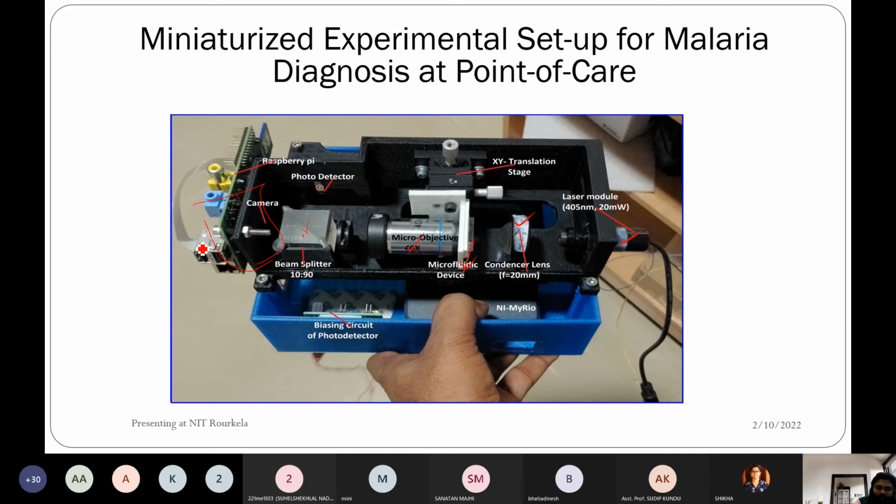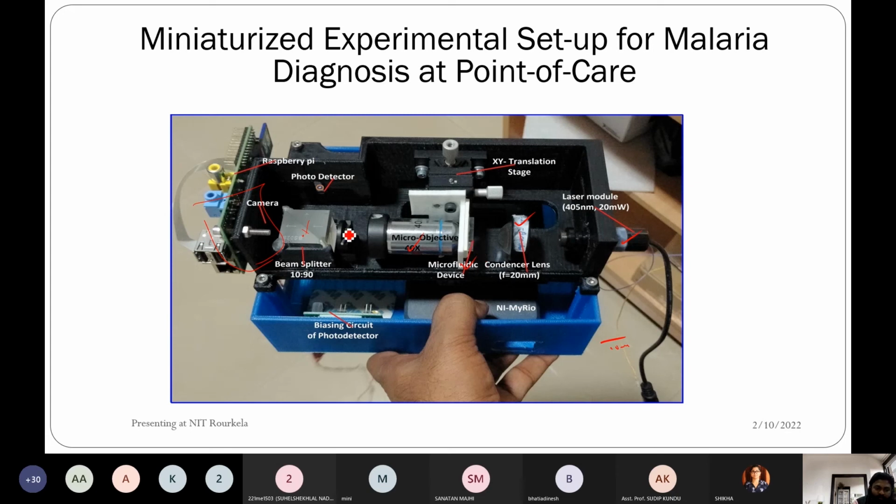But why have we used a simple Raspberry Pi camera? Suppose the micro channel is 10 micrometer in diameter. With the naked eye, aligning that micro channel and the laser beam is very tough. It is not easy, and you are not sure about it.